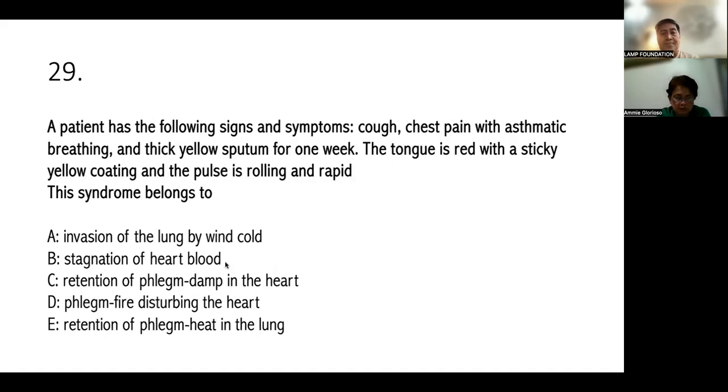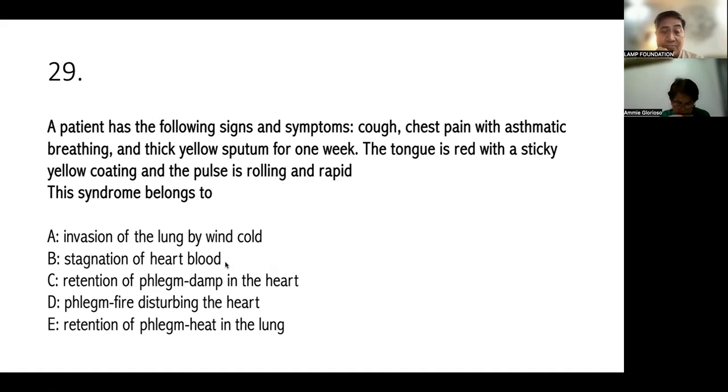Okay, 29. A patient has the following signs: cough, chest pain with asthmatic breathing and thick yellow sputum for 1 week. The tongue is red with a sticky yellow coating and the pulse is rolling and rapid, madulas and rapid.